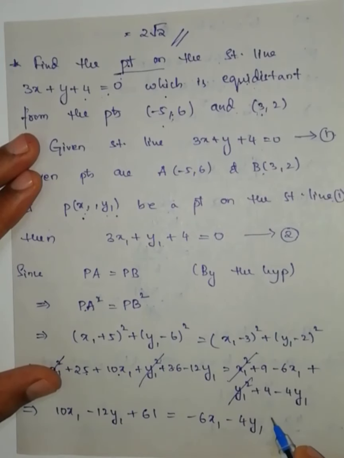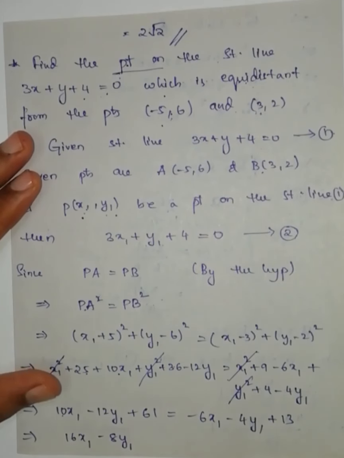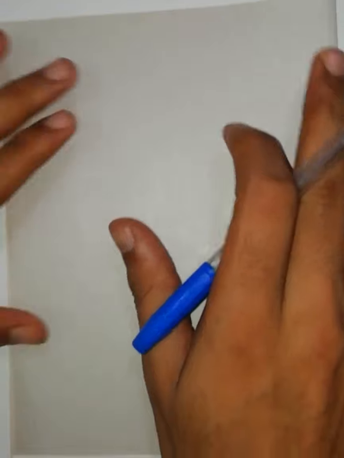9 plus 4 is 13. Now I am taking all terms one side. 10x1 plus 6x1 is 16x1. Minus 12y1 plus 4y1 is minus 8y1. 61 minus 13 is 48, is equal to 0. From these 3 I can take 8 common.